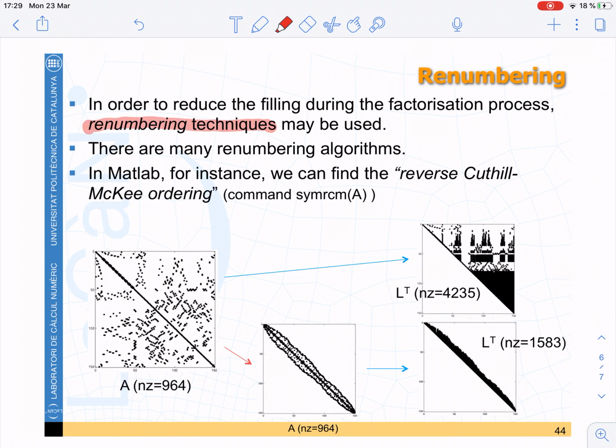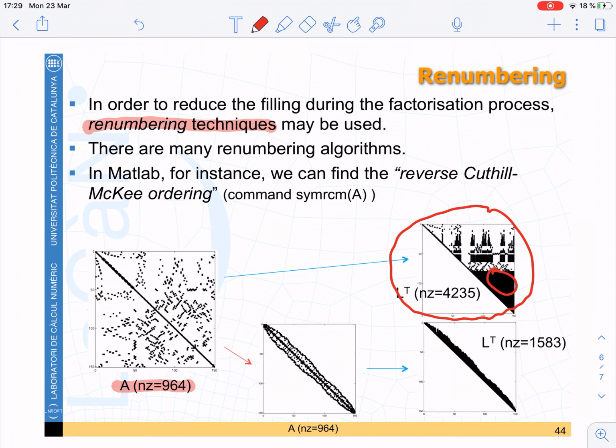Okay? Consider, for instance, the following example: a matrix A like this. If we apply directly a factorization method, we can obtain a matrix L transpose like this, with all this fill-in.